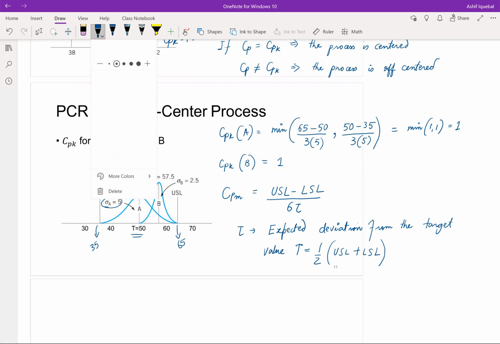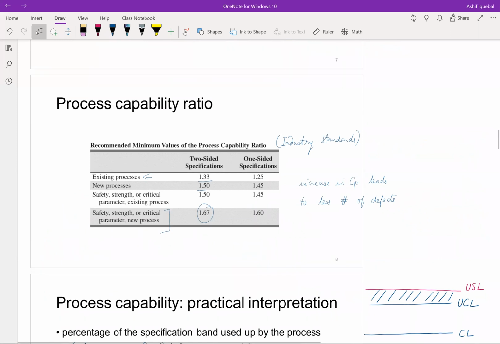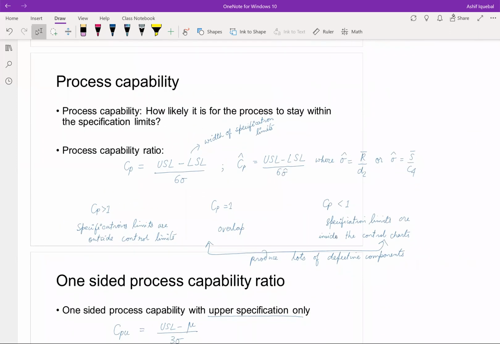so let's reiterate this. We have covered 3 things here. Okay, first we have covered the process capability, which is the straightforward formula for CP, and it is given as USL minus LSL by 6 sigma, right?